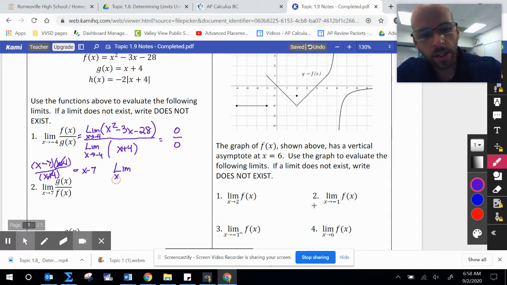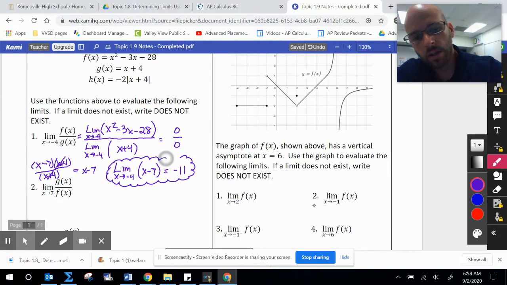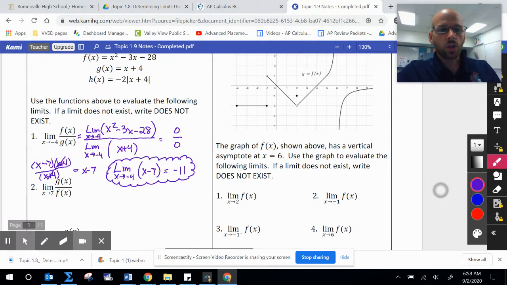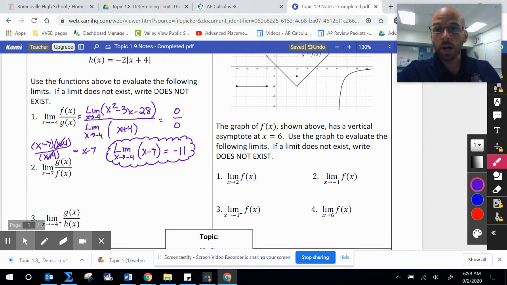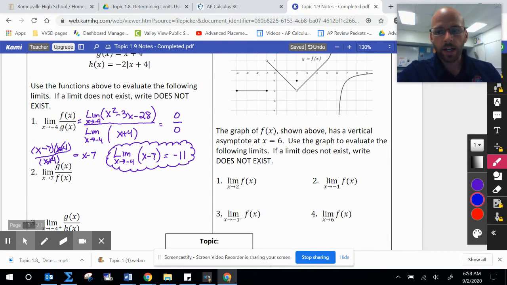So I'm going to take the limit as x goes to -4 of my extended function, x minus 7. If you substitute in a -4, I get a -11, and that will be my answer. Okay, so I always like to show that indeterminate form first using proper notation, limit of the top over limit of the bottom. I'm going to do the same idea for the next one.